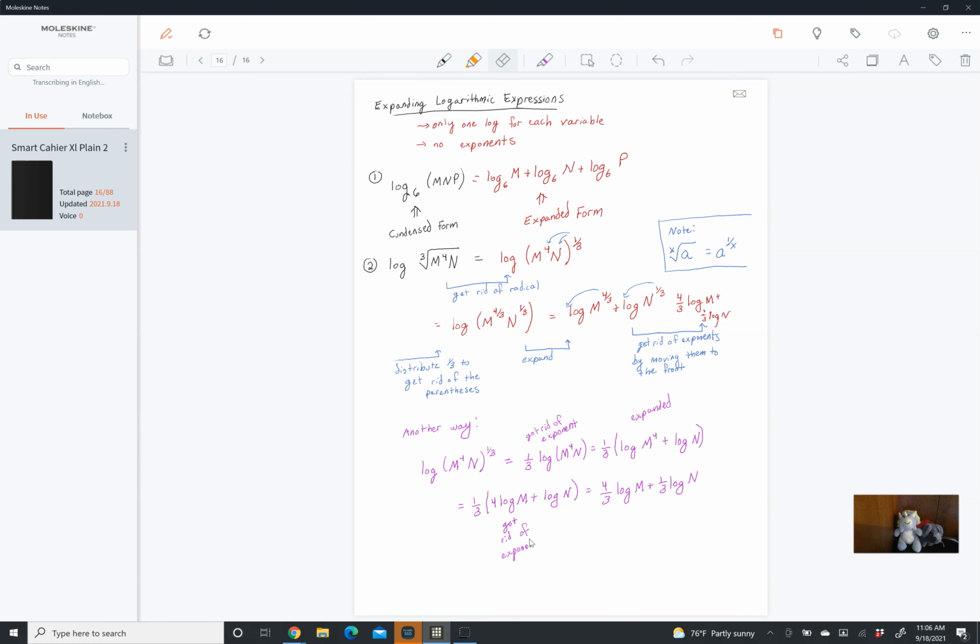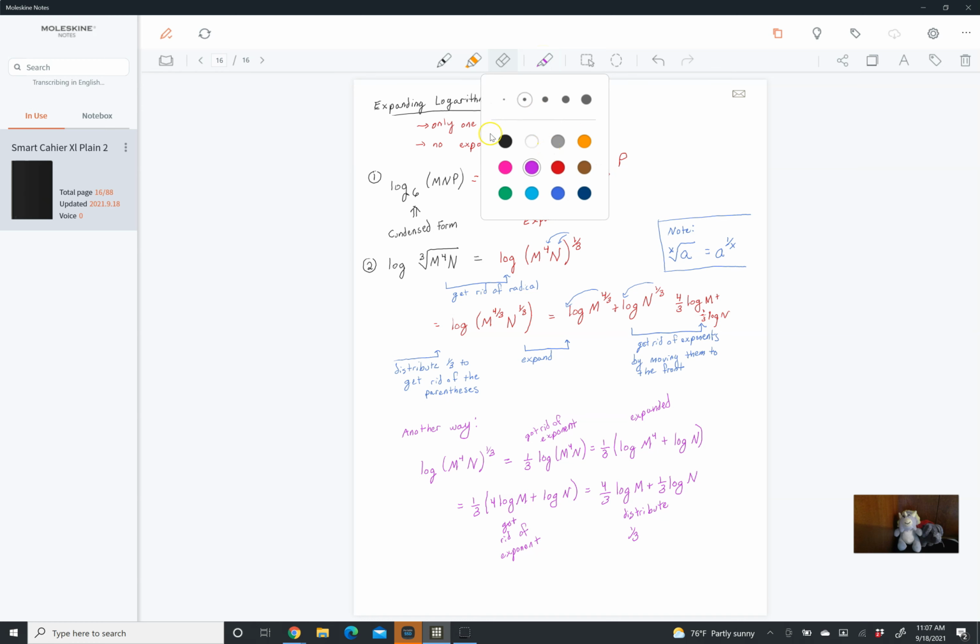That's why I show you the other way, and that's why I'm going to continue to show you the other method, where we simplify the expression and then we expand, okay, as opposed to expanding and then simplifying the expression by distributing, okay? And you may choose to do it differently with different types of problems too. Let's do another one.